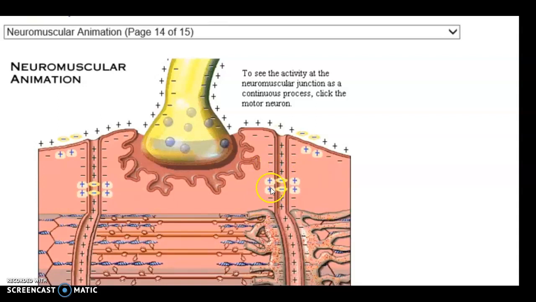Now, the whole reason this signal runs down through this area is the same reason this signal ran down through this area. What was the reason the action potential ran from this area to this area? To open up calcium voltage channels so calcium could come inside. Well, the reason this signal is running down here is because the terminal cisternae of the sarcoplasmic reticulum of this triad here also has calcium.